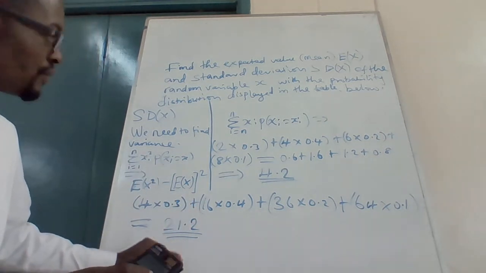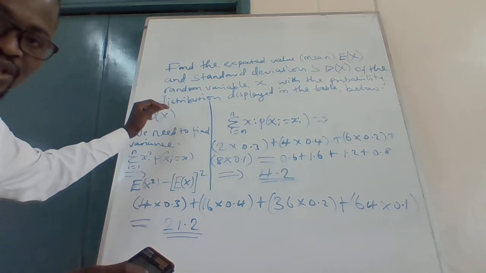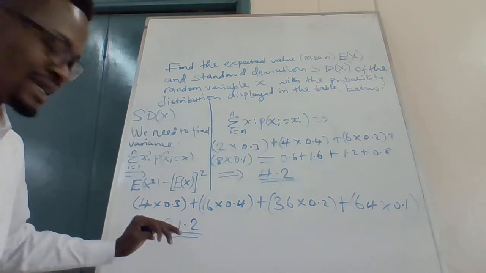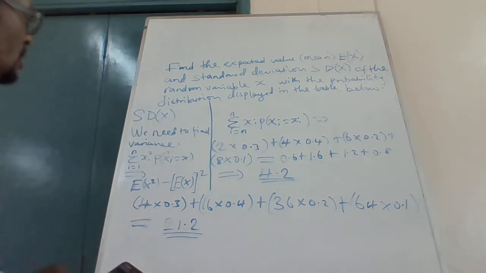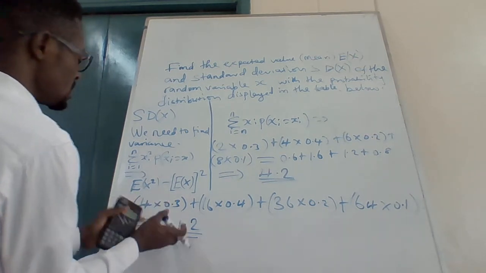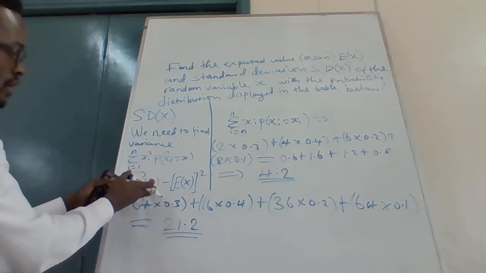Remember, we are looking for the standard deviation, but what we have here is not yet the variance. Now that we have this, we simply need to plug it into the equation.